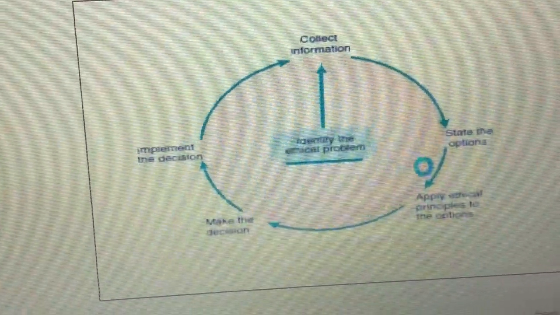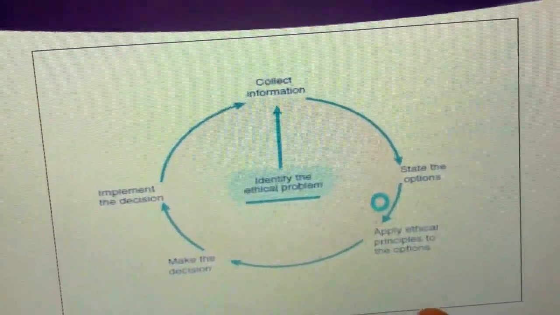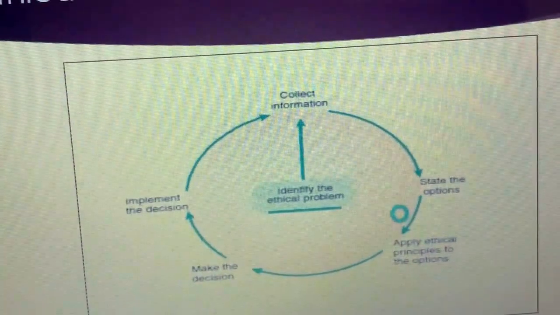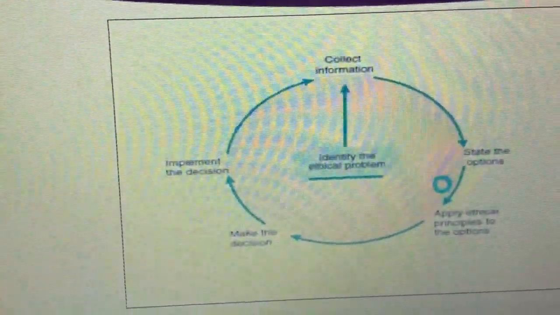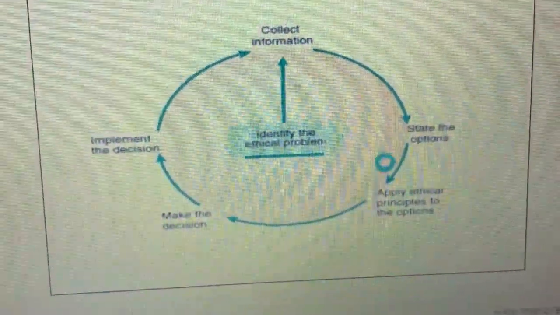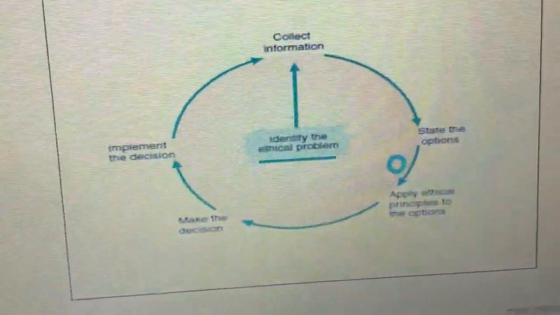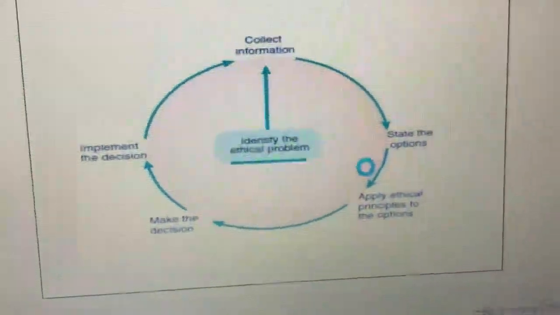And the fourth, apply ethical principles and options to the candidate decision. And at the last, we make a decision for the best result, like every business does.